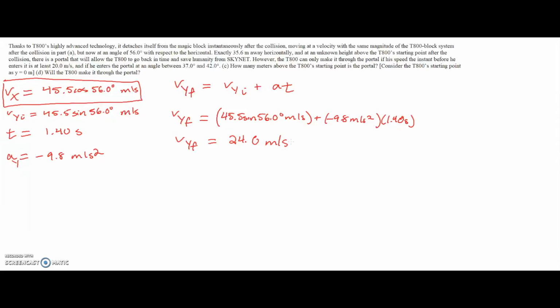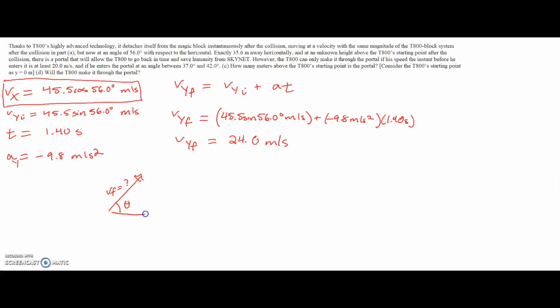So now we have both final velocities, in both directions. We're going to figure out what the final velocity is, so let's draw this diagram here. We don't know what the final velocity is, and we also don't know what the angle is, but let's call it angle theta.